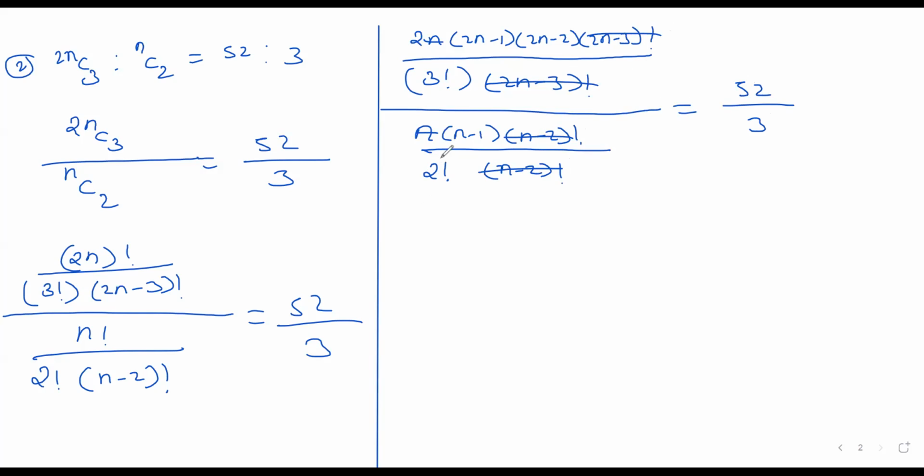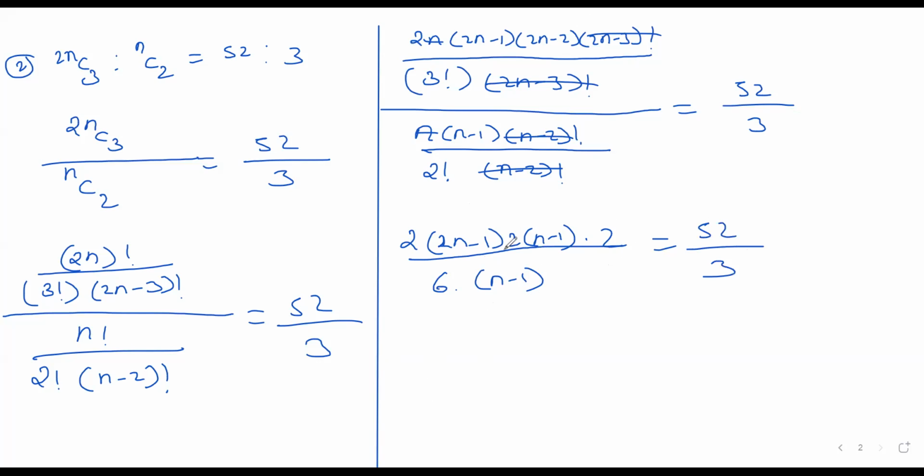N will get cancelled. We can write down this as 2n minus 1, 2n minus 2. This 2n minus 2, I can take 2 common again. It is again n minus 1. This 2 factorial will go here, it will become 2. Whole thing, this 3 factorial will come here. 3 factorial is 6. Into n minus 1 is equals to 52 by 3.